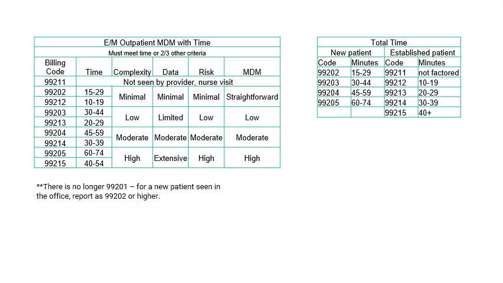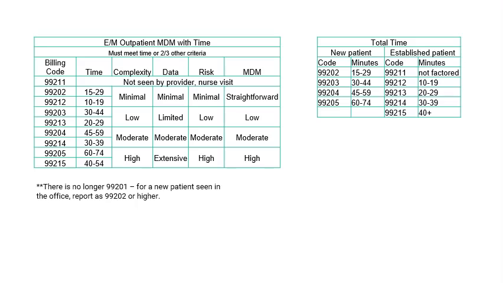However, you're still prescribing Adderall, so that risk does go up to a 99214. In this case, for that 20-minute visit, you would not want to use time to support a 99213 because your risk is higher. Your risk is increasing that level of service from a level 3 to a level 4 visit.